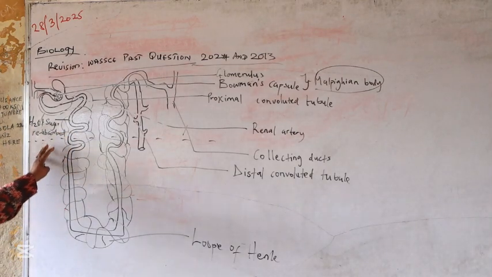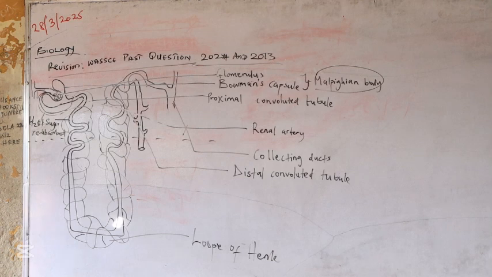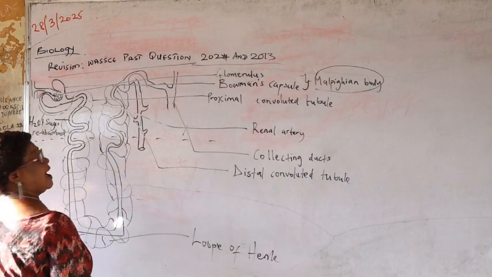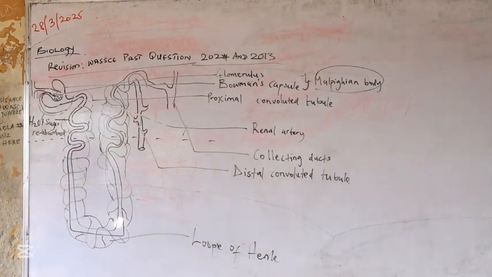Now getting to the loop of Henle, you have the plasma solutes and the amino acids, plus water, being reabsorbed at the loop of Henle. Am I communicating?